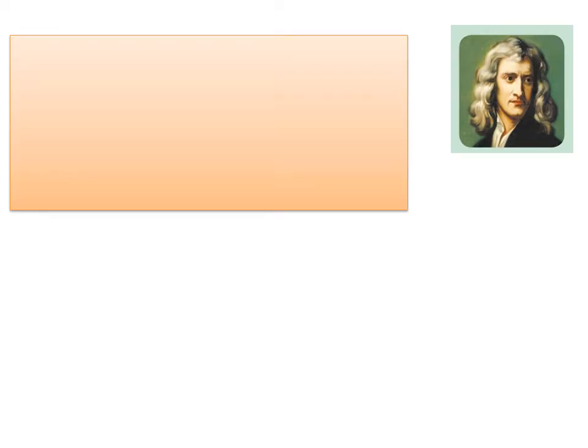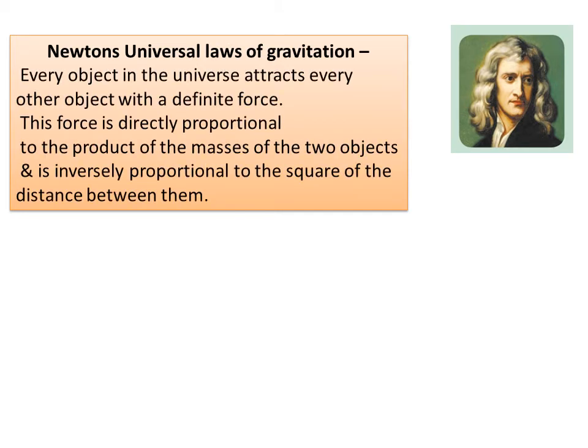Now we will move on to Newton's universal law of gravitation. It states that every object in the universe attracts every other object with a definite force. This force is directly proportional to the product of the masses of the two objects and inversely proportional to the square of the distance between them.